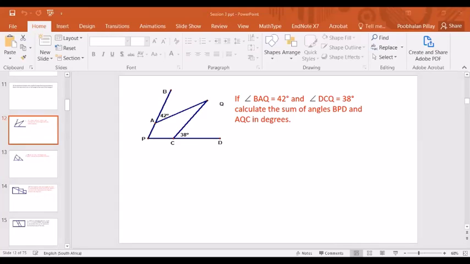Hello? Yes, James? Okay. Yeah, tell me why it's 80, James. Sorry. Okay, so angle PCQ must be 142 degrees since angles on a straight line equal 180. PCQ, yeah.